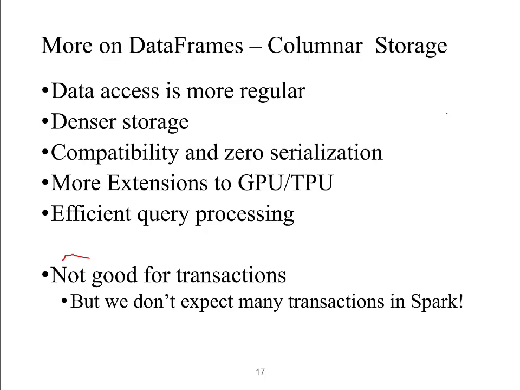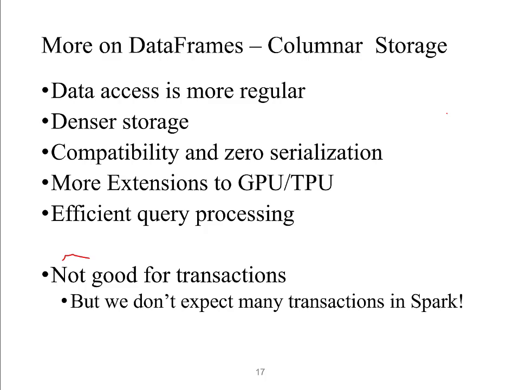So having this homogeneous columnar storage gives the chance to offload the processing to GPUs or even TPUs, and to use their advanced hardware. So it is more extensible to GPU or TPU.